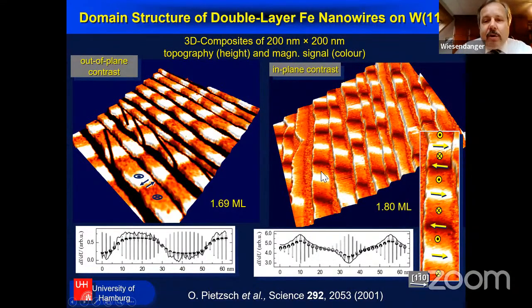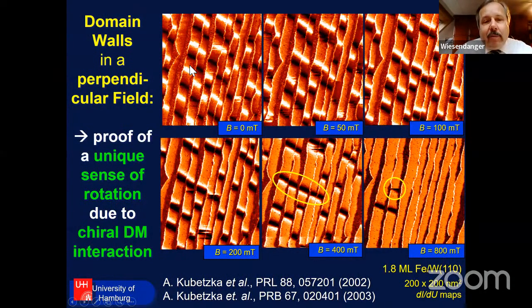And immediately we could prove this rigorously by applying an out-of-plane field. Because what will happen if you apply an out-of-plane field, due to the Zeeman energy, one kind of domain will shrink in size and the other one will grow in size because of preferential or non-preferential orientation of magnetization with respect to the externally applied field.